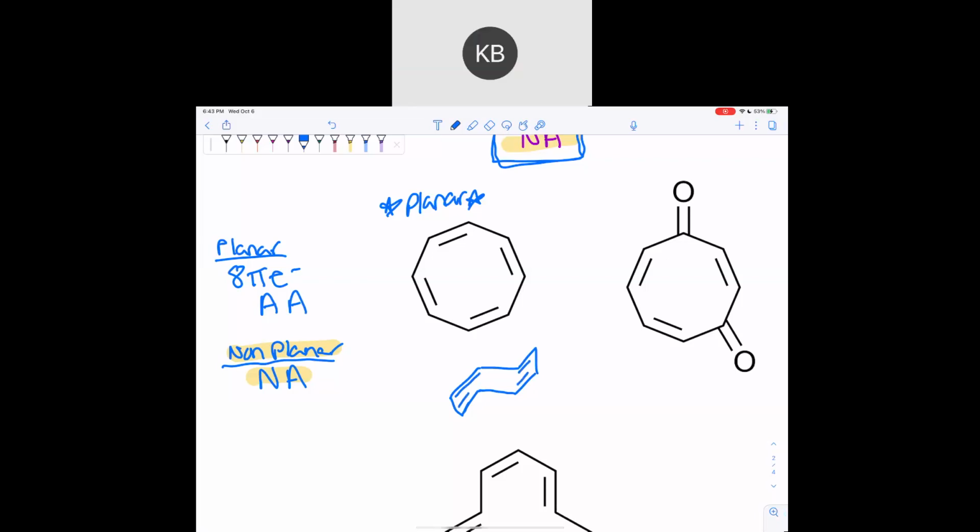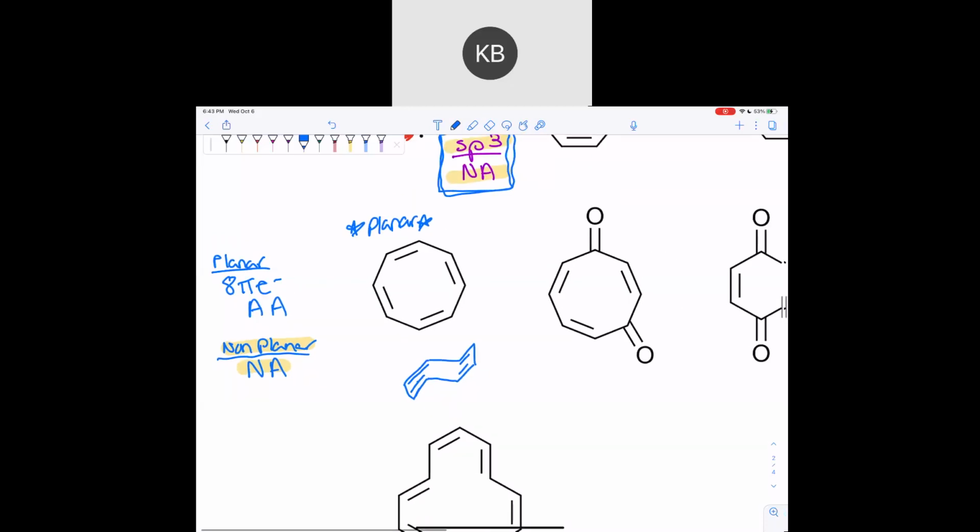Yes, so the chair conformations would be non-planar. So that's how this guy would look if it was non-planar. But if it was planar, it would just be flat like a piece of paper. So that's kind of the difference. And that's not a stupid question at all. I don't know if I already said that or not.